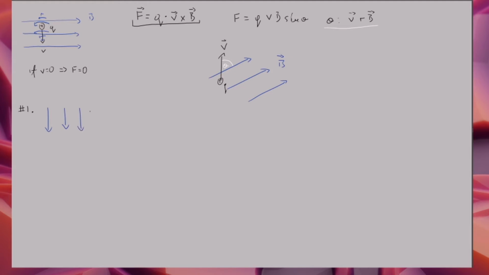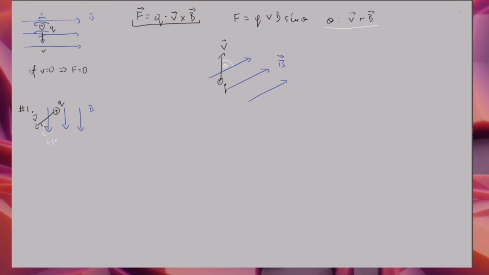So this is the magnetic field B. And then let's say that the charged particle Q is moving at velocity v in this direction. This is the velocity v. And let's say that we're lucky enough where the angle here is actually given to us. So this angle here is, let's say, it looks about 45, so 45 degrees.